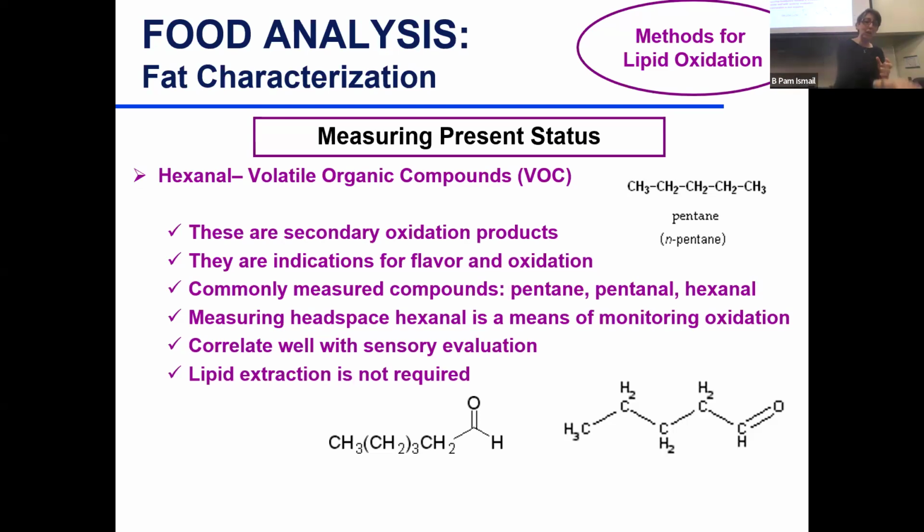So you're basically injecting an already volatilized material into the GC, and with some standards, you can quantify those volatile off flavors. It correlates really well with sensory evaluation. So the higher the hexanal, the worse the flavor of that product or ingredient.